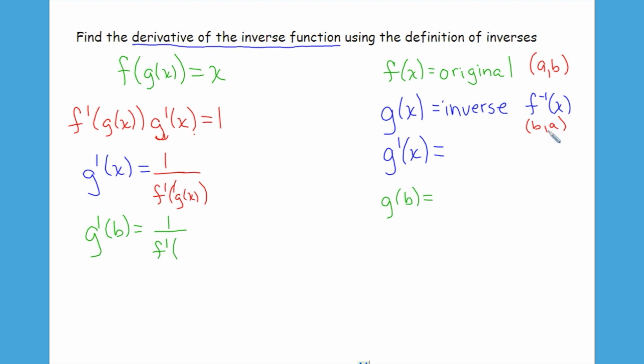And that would be A right here, because g of B is A. So I'm going to substitute in right here, instead of g of x, I'm going to write A. So the relationship between the inverse and its original is that they are reciprocals at those switch points. Like the point is B, A on the inverse, but it's A, B on the original. So they are reciprocals at that point.